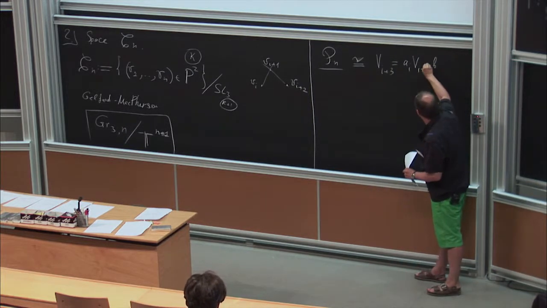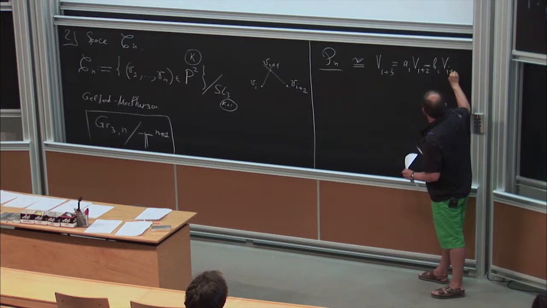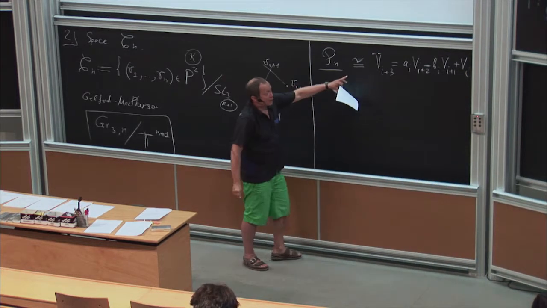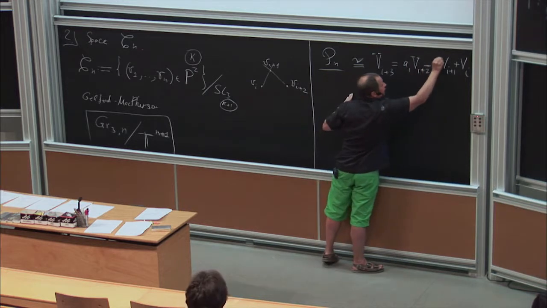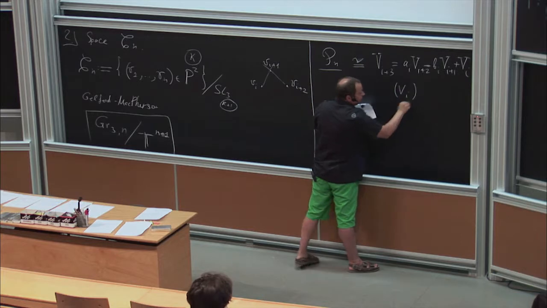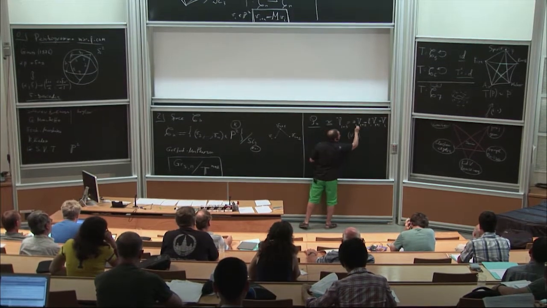I put a minus for some aesthetic reasons: v_{i+3} = a_i v_{i+1} - b_i v_i... So what is written here? v is an indeterminate, so v_i is a sequence of numbers that we want to find, and the a's and b's are known coefficients.